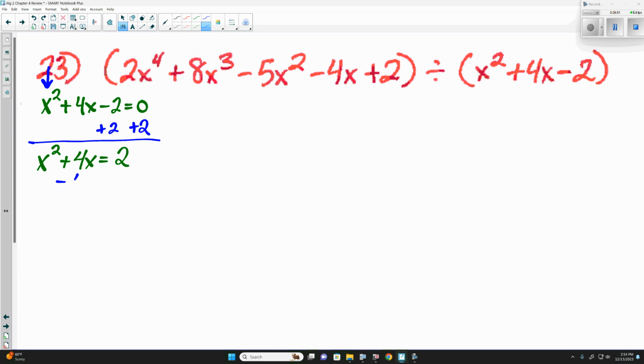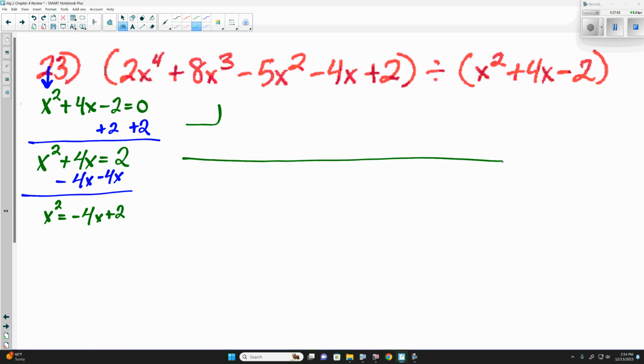Then we would minus 4x, telling us x squared is equal to negative 4x plus 2. Because it's an x squared, we have 2 numbers now. Instead of 1, we have 2 lines. Questions on how we set this up?